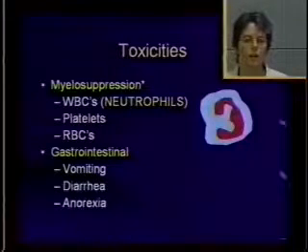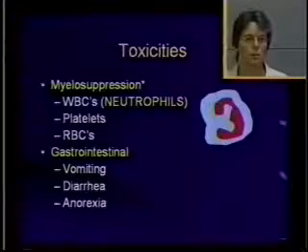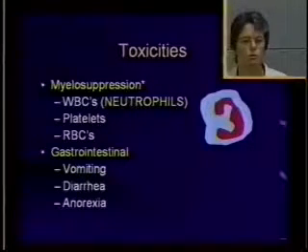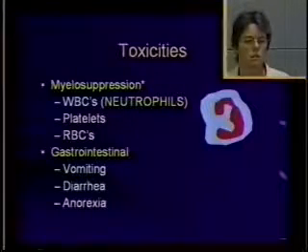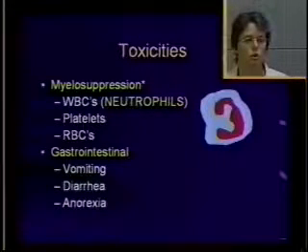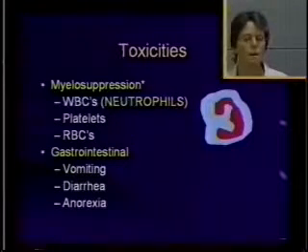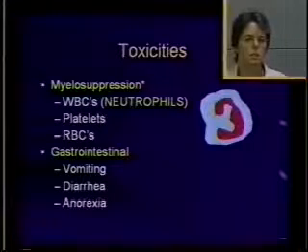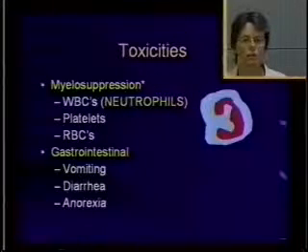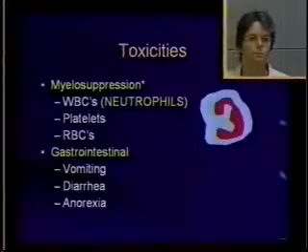And so it's actually very uncommon that we see anemia that is strictly due to the chemotherapy. We may see anemia due to anemia of chronic disease or due to gastrointestinal hemorrhage because of some of the drugs that they receive, but generally anemia is uncommon as a side effect for our patients. But bone marrow suppression is the most common side effect associated with chemotherapy.